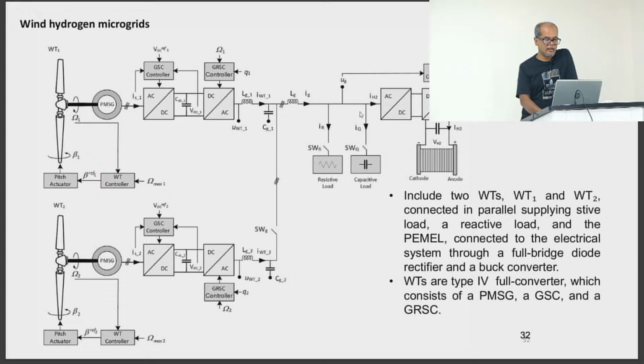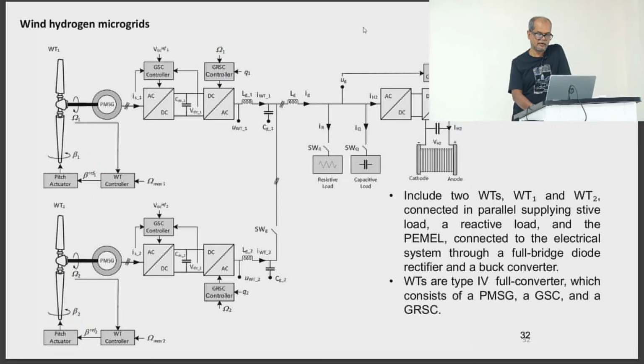And then the output of the turbine is going to be connected with your electrolyzer through again an AC to DC and DC to DC converter. You could also have another electrolyzer here. We haven't done that, but it could be done, whatever, like the hydrogen, you could have another electrolyzer and connect it with the system as well.